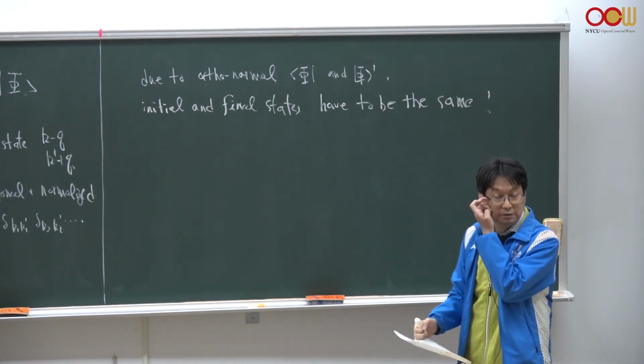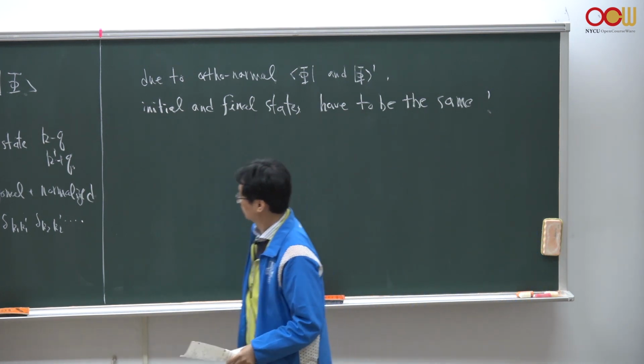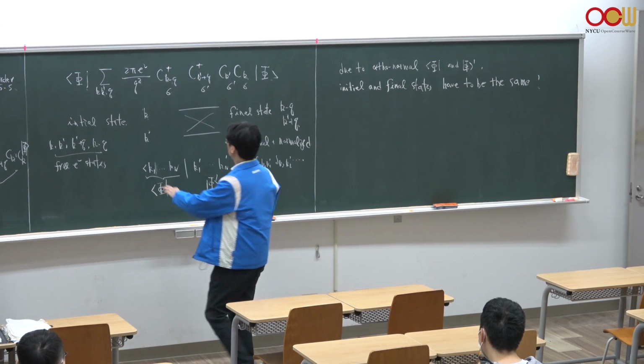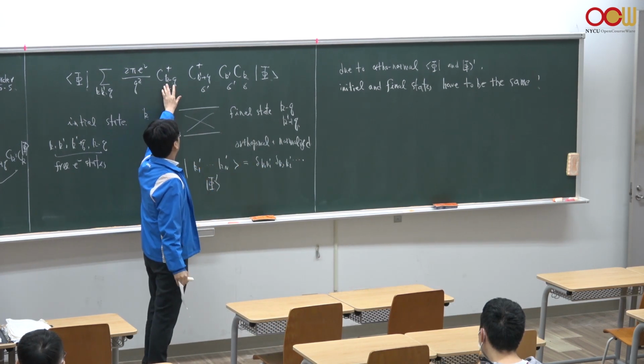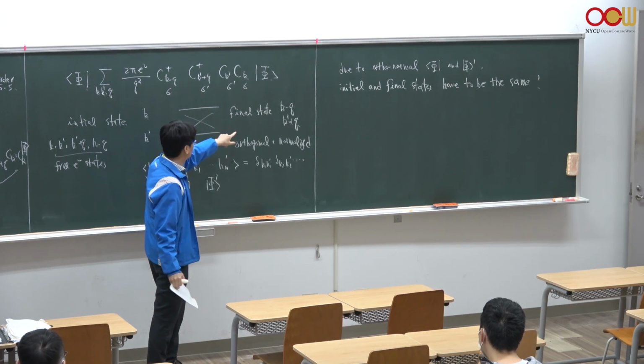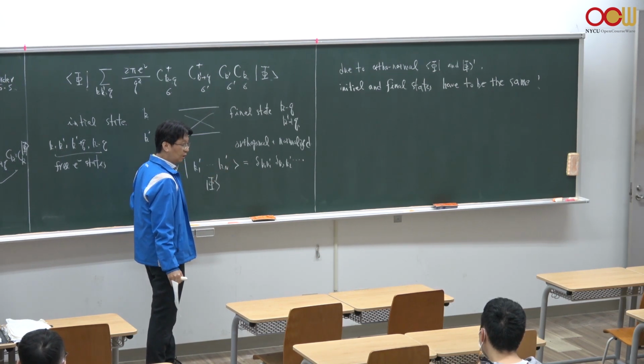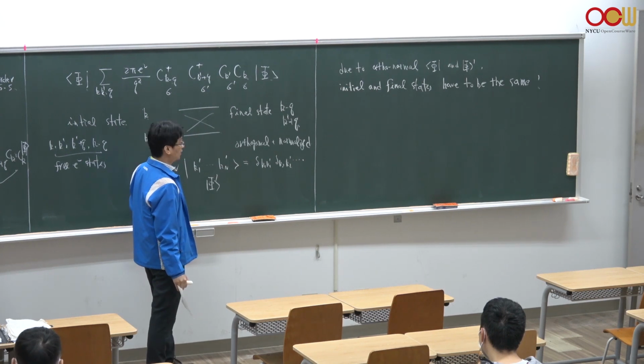Okay, so you could check these properties at home, but the message is to remember that this k minus q, k prime plus q, and also k prime and k are nothing but one of these momentum states in this many-body wave function of the unperturbed ground state, phi, right?